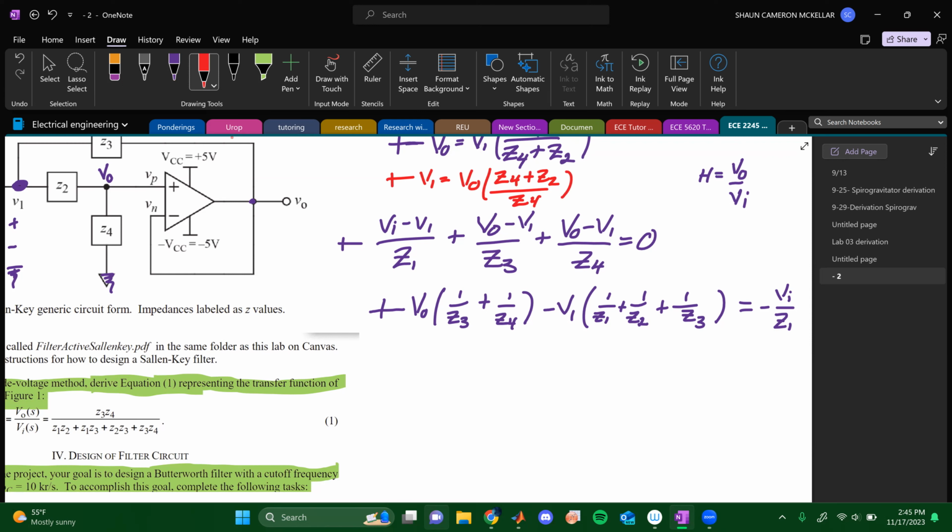So in doing that, I'm going to have V out times 1 over Z3 plus 1 over Z4, minus V out times Z4 plus Z2 over Z4, times the addition of all those terms, the reciprocal addition.